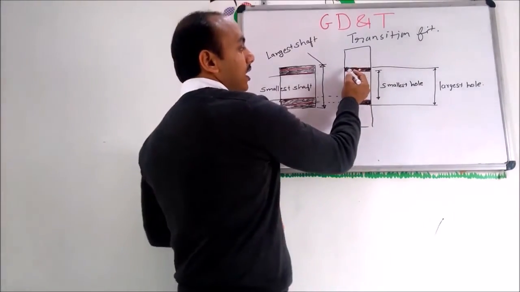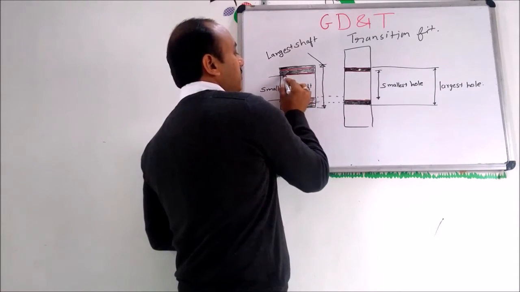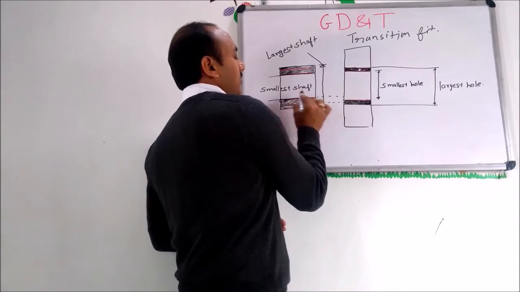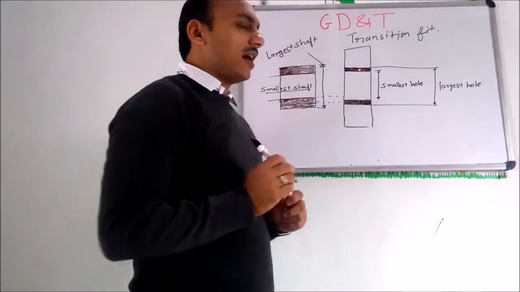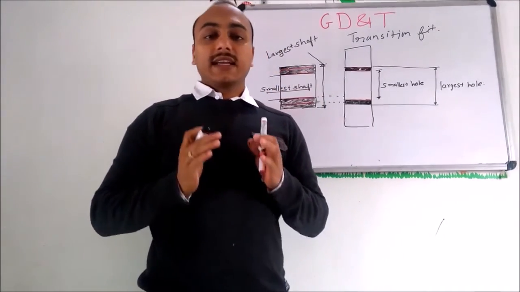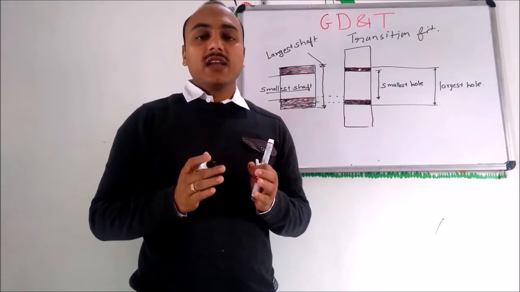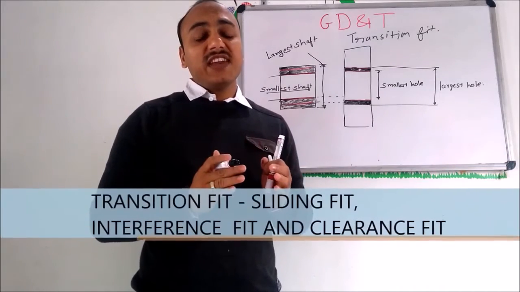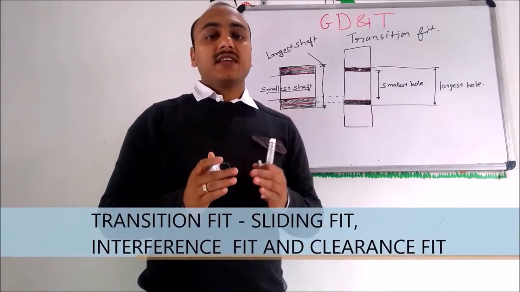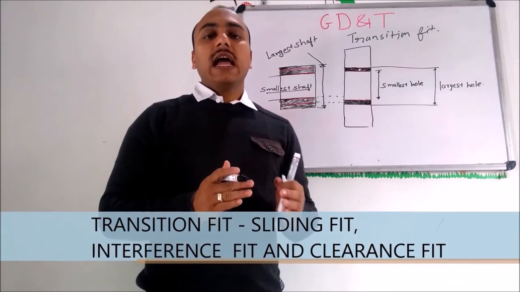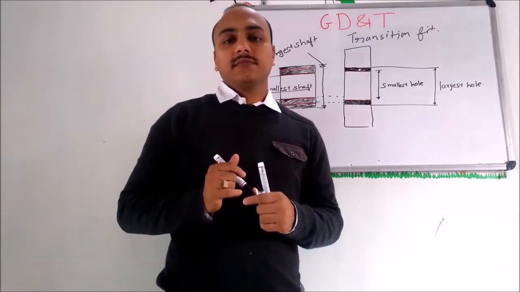But suppose the hole is made bigger and the shaft is made at its smallest dimension, that is the smallest diameter of the shaft, then we are going to get a clearance fit. So accordingly, in a transition fit, we can get a sliding fit, interference fit and clearance fit.